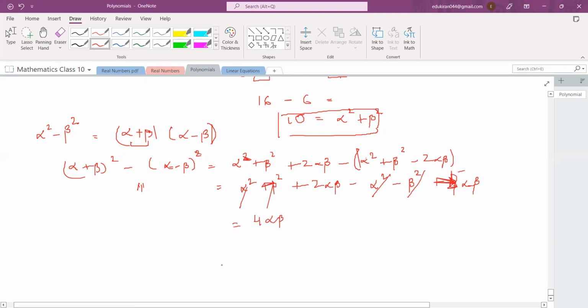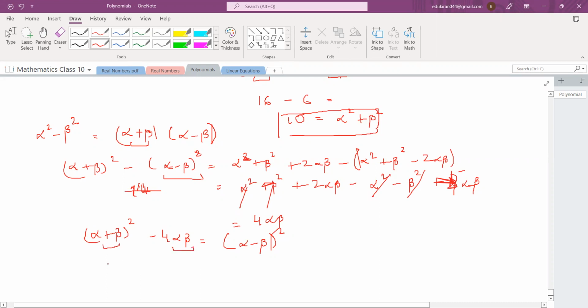Clear? Now, because I want to find the value of this thing, I'm taking this on the other side. So here I'll get alpha plus beta whole square minus 4 alpha beta is equal to alpha minus beta whole square. Now put the value. Now you know what is alpha plus beta, and you know what is alpha beta.